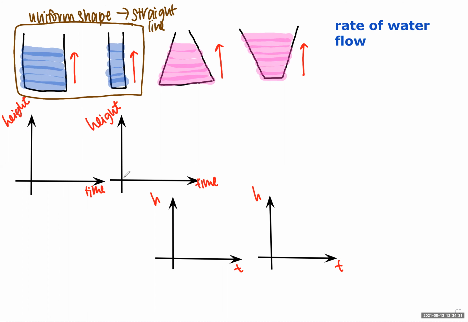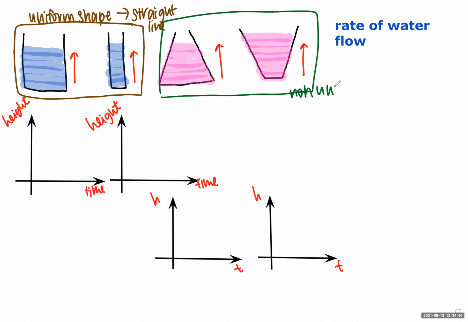Next, this over here is called a non-uniform shape, and non-uniform shape means that it's going to be a curve graph.